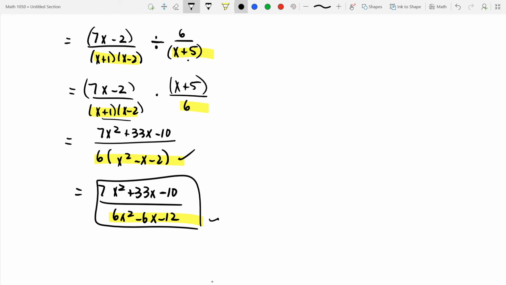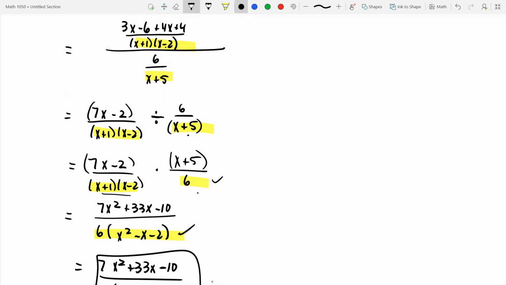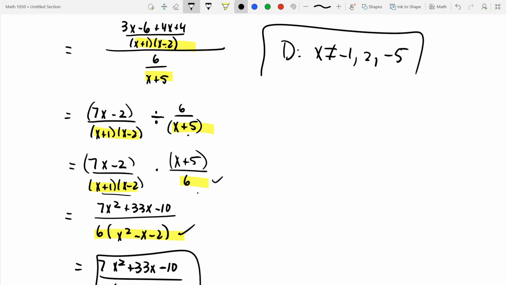Same thing here. This is a restriction, but if I just use the denominators that are up above, then I get everything and that will give that a 0. So if I look basically from here on up, I know that my restrictions are x cannot be equal to a negative 1, a positive 2, and a negative 5. So that's my domain. Okay?